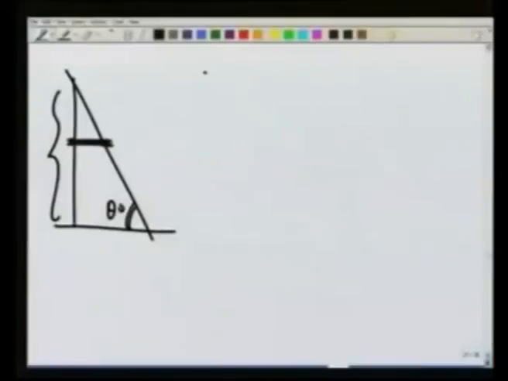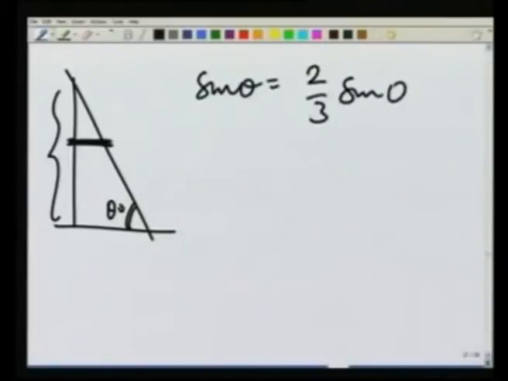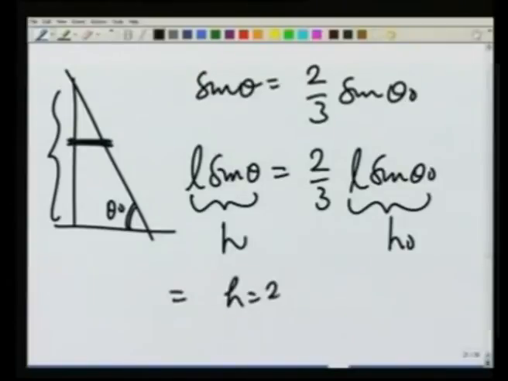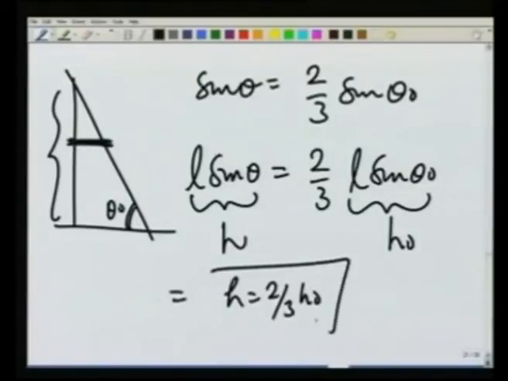So, L sin theta is equal to 2/3 L sin theta 0. L sin theta 0 is the initial height, and this is the height at which the ladder leaves the wall. So, at 2/3 the original height, the wall and ladder separate.